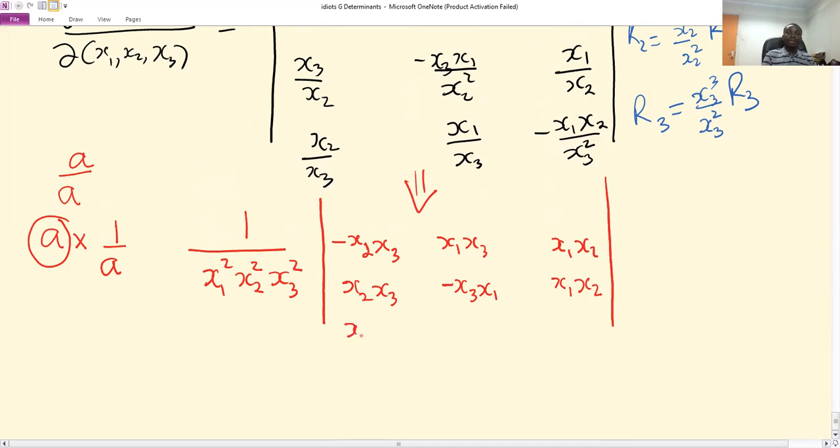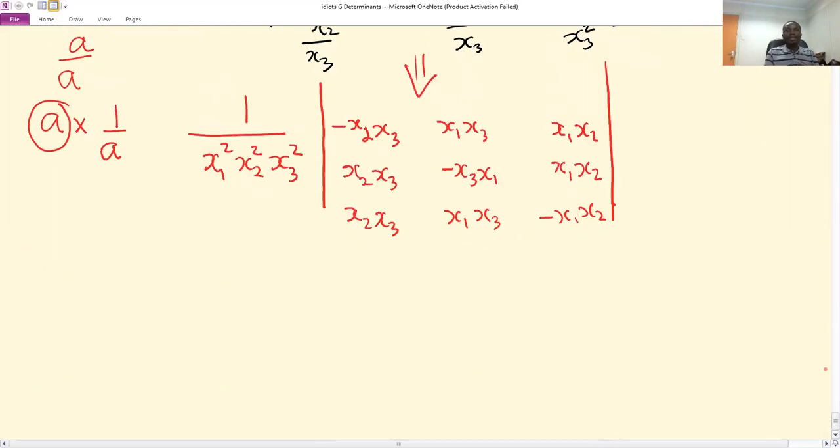So I'll have x2, x3, this one x1, x3, this one negative x1, x2. There is no sin I've committed because what I did was to multiply each row by 1. But I wrote my ones in a special way so that they can help me to reduce the determinant.